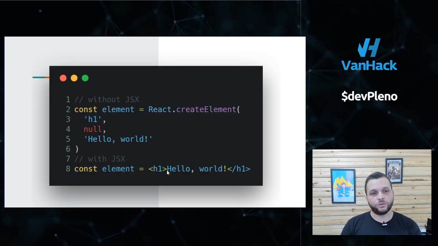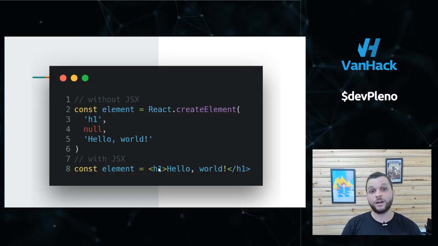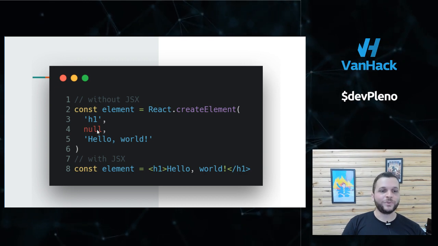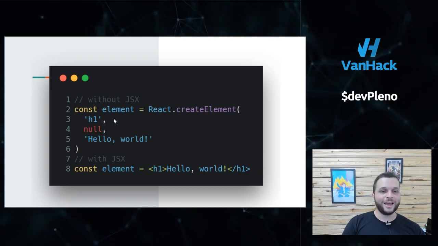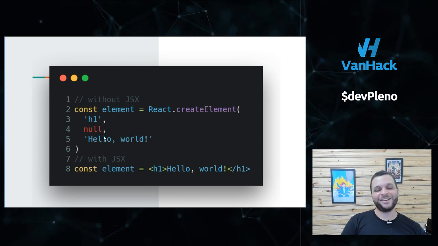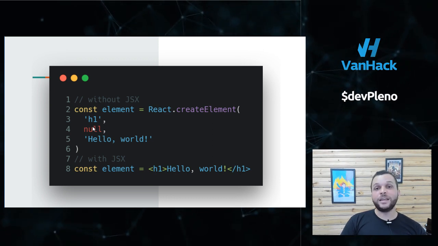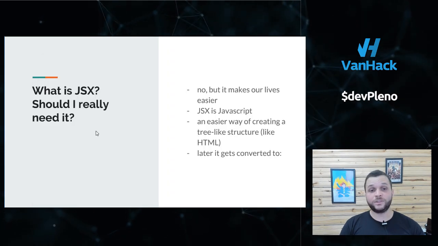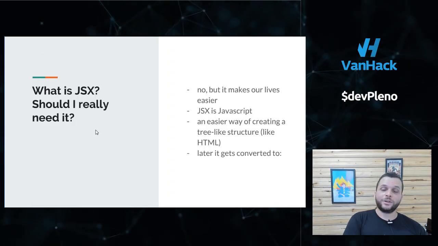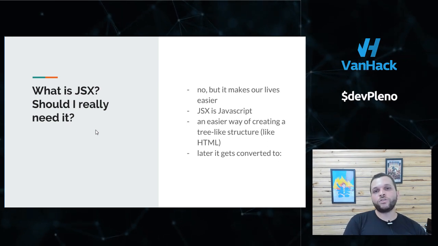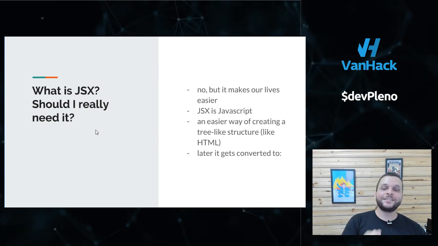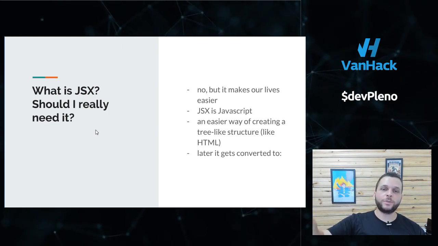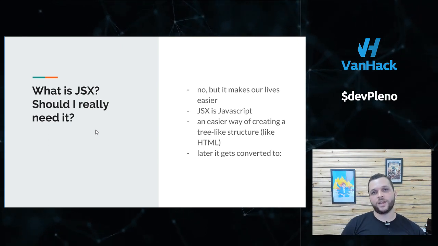If we want to put a class on this H1 here, we can't use class, because when we convert to this way, we need to put it as a key here, and class is a keyword, so we can't use it inside the code. So it's just this one thing that we need to remember. JSX is JavaScript. So everything that we can't do in JavaScript, we can't do in JSX.